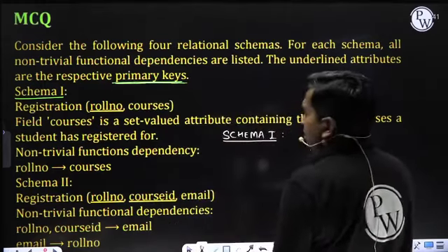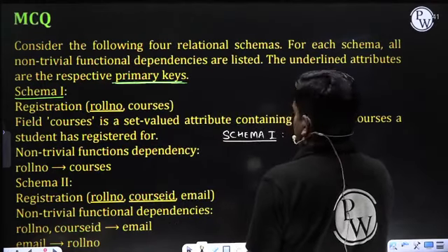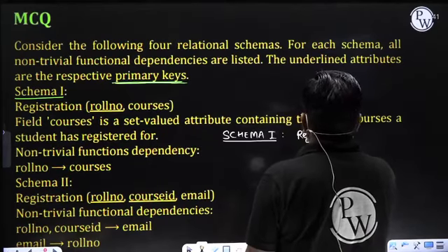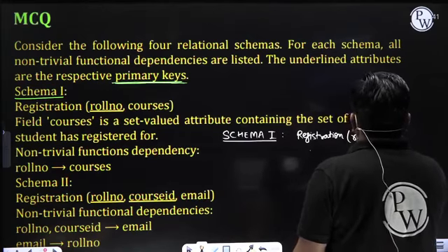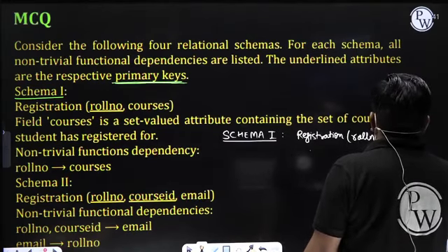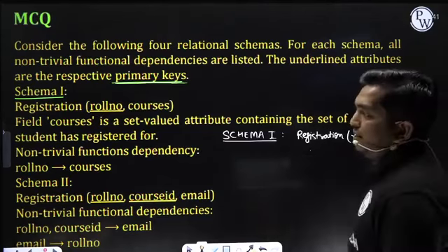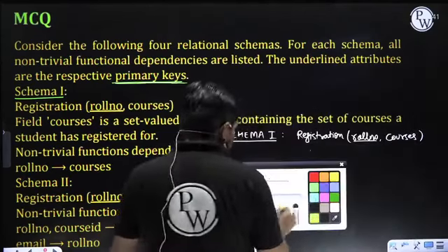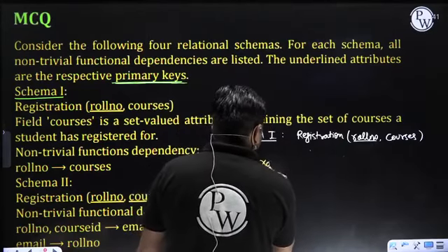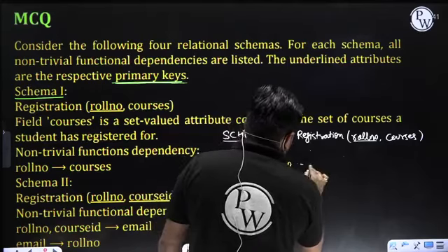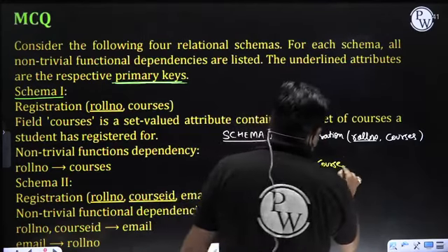First of all, this is the table for Registration, in which roll number and courses are attributes, roll number is underlined, and you get only one FD: roll number determines course.